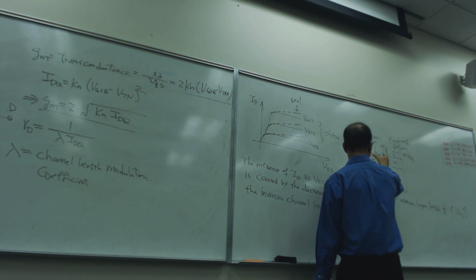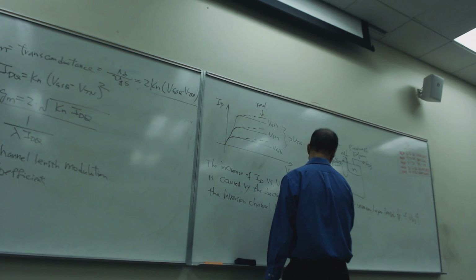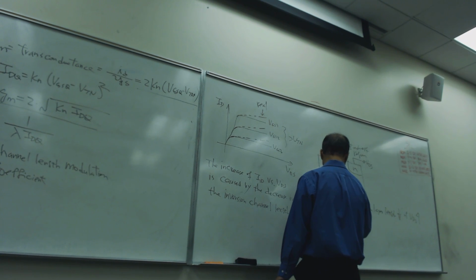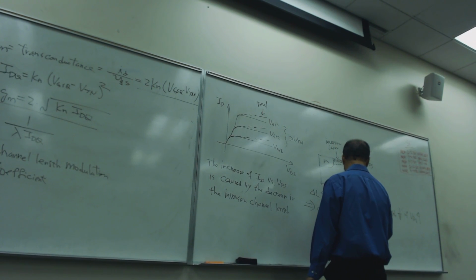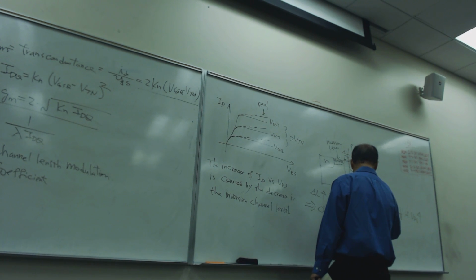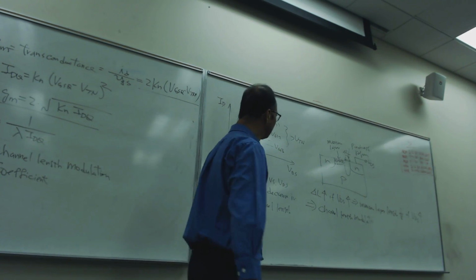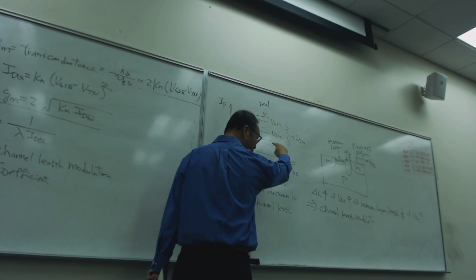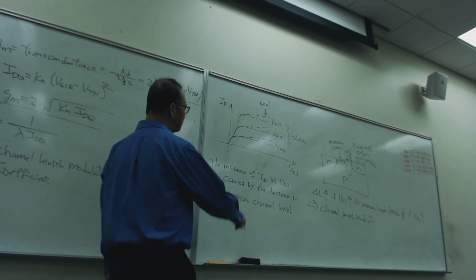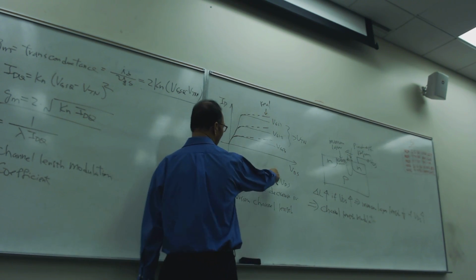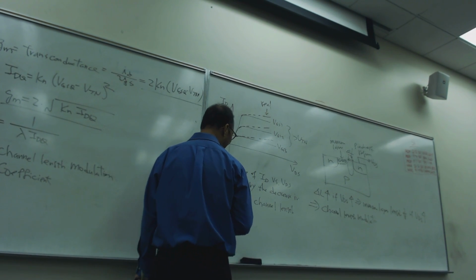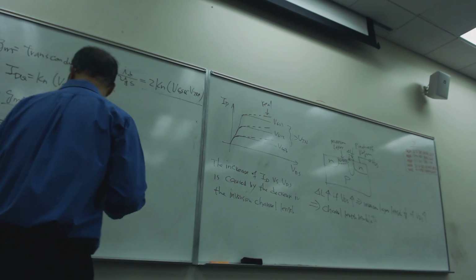If this voltage goes up, this will become smaller, so that region becomes larger, and this is what we call channel length modulation. So that's why the current is not constant in the saturation region. It goes up slightly when V_DS goes up, and that can be represented by the parameter lambda right here.